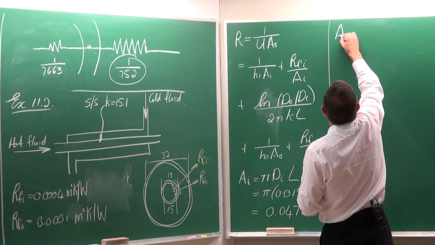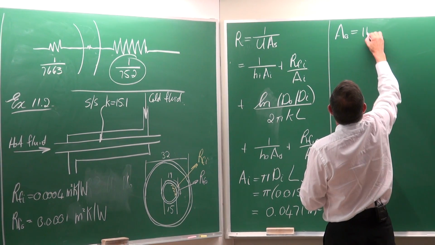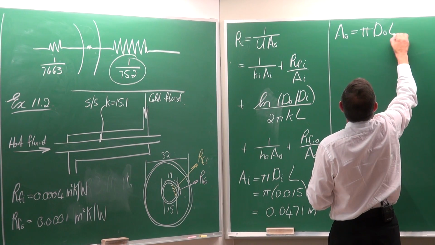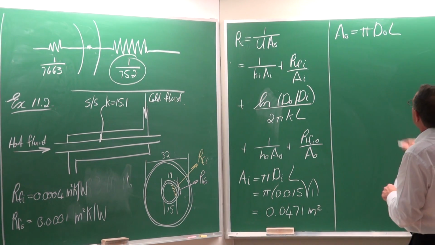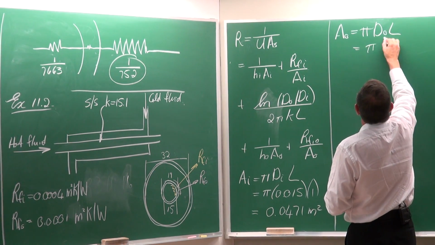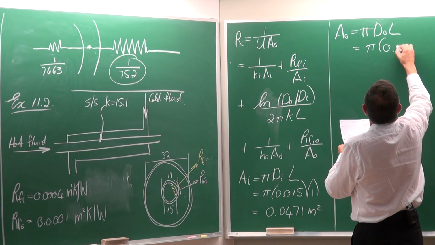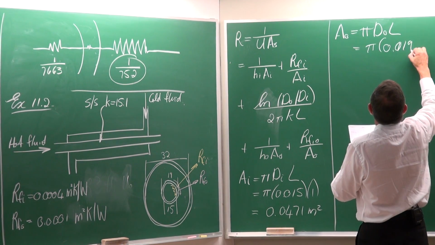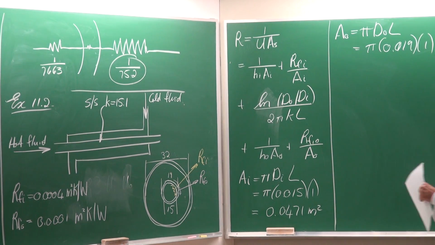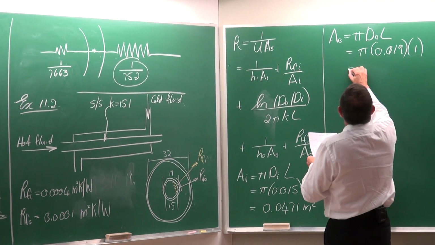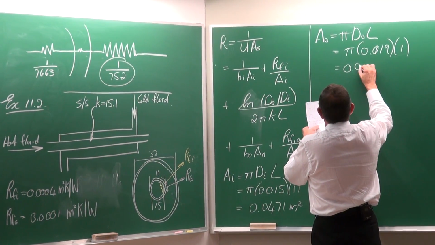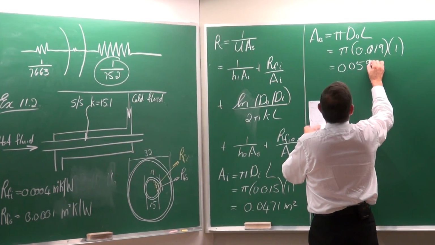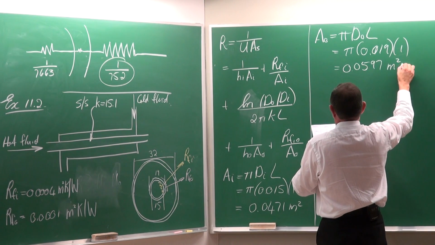The area of the inner tube on the outside is pi multiplied by the diameter multiplied by L. Pi multiplied by the diameter, 0.019, multiplied by the length, and that would give us an area of 0.0597 square meters.